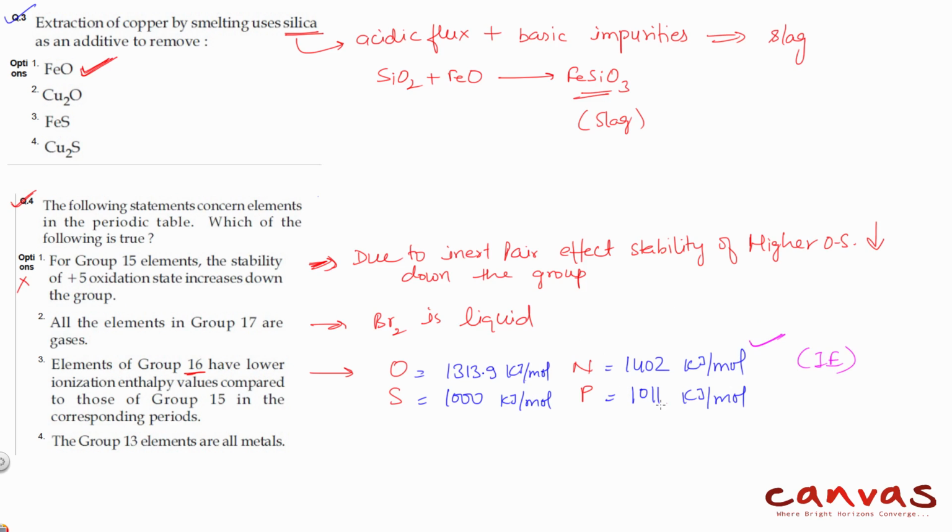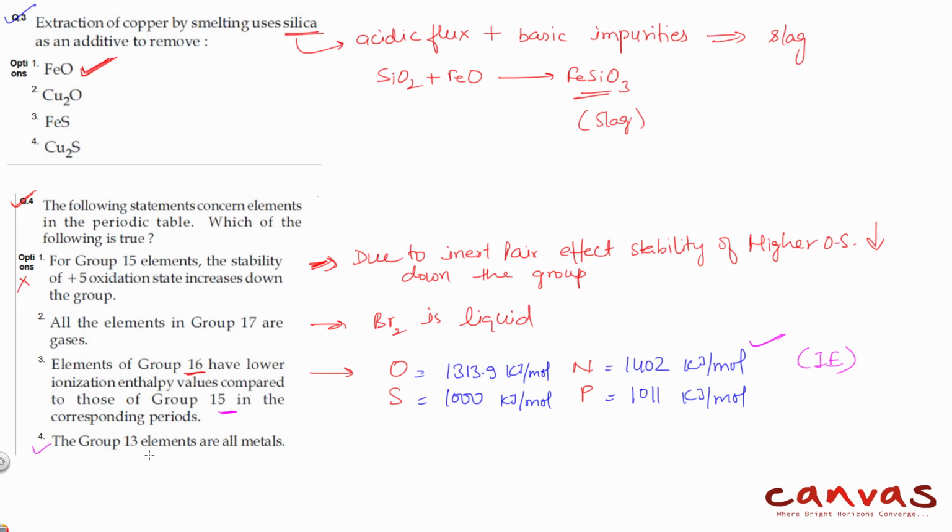Similarly, phosphorus has more ionization energy compared to sulfur. So obviously we can say that in the first two members, group 15 will have higher ionization energy than group 16. But as you go lower, the trend doesn't continue. In the lower members, this trend is not continued. So I'm not sure whether this should be the true statement.